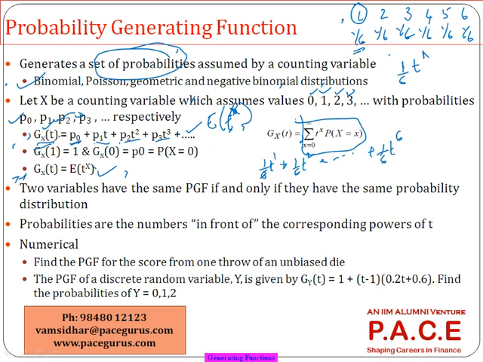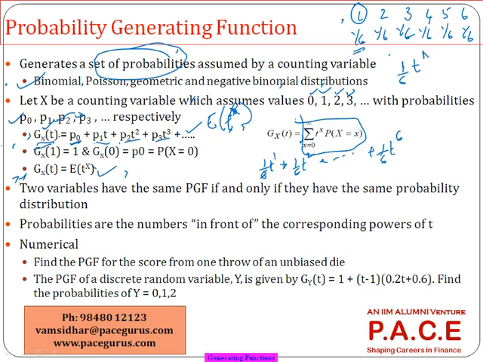A typical question is: for a binomial distribution, find the probability generating function. You take the probability function of the binomial distribution, multiply it by t power x, and find the resulting expression. We'll take a couple of them.